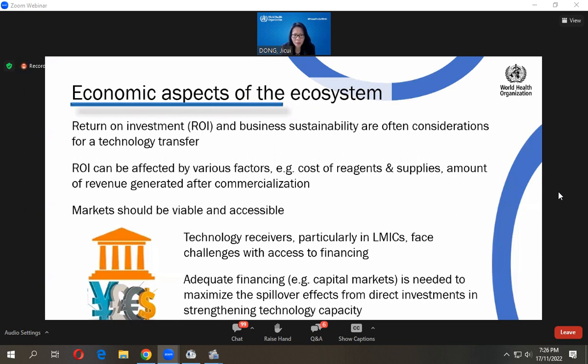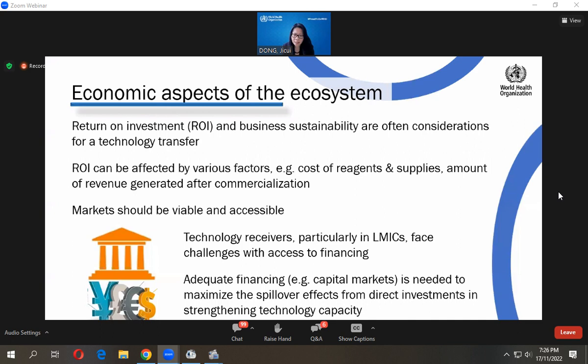So you need to calculate. Market is very important. Another thing is affordable and sustainable finance, which is actually one of the barriers for low and middle income countries when they conduct technology transfer.